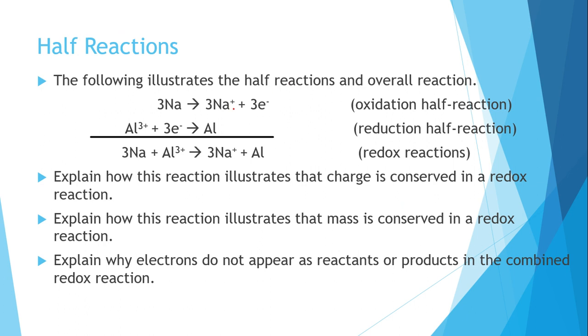Over here, I just rewrote them to show that I have my half reaction for sodium and my half reaction for aluminum. One thing I really want to point out on this slide is that which side you put the electrons on tells you if it's an oxidation or a reduction reaction.